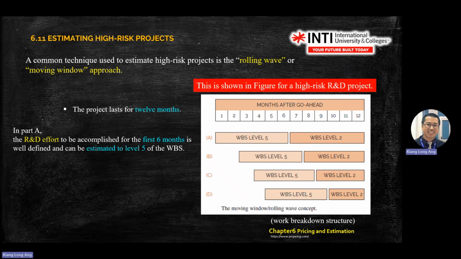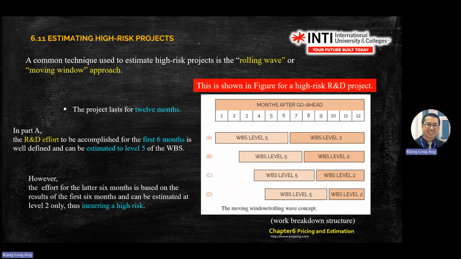For part A, the R&D effort established for 6 months is well defined and can be estimated to level 5 of the WBS. However, the effort of the later 6 months is based on the result of the first 6 months and can be estimated at level 2 only, incurring high risk.